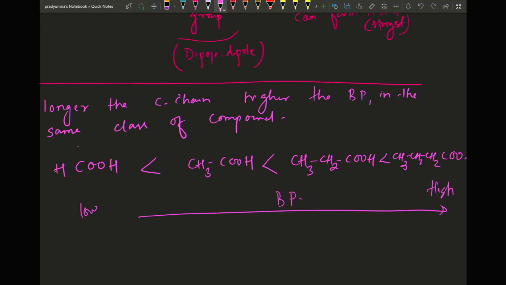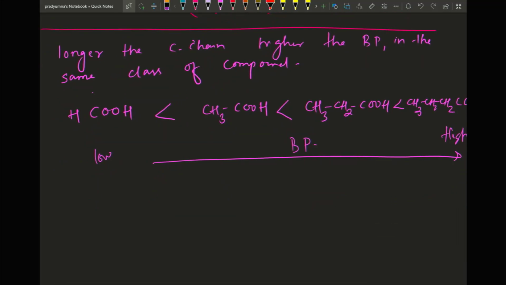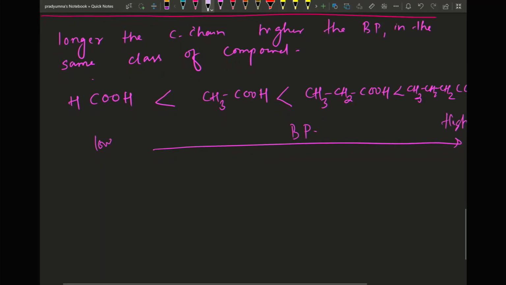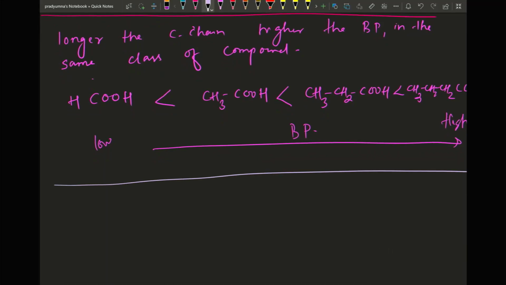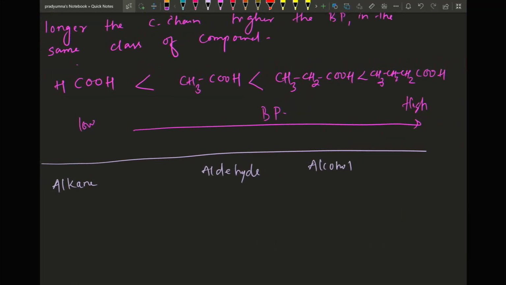All right. You can compare between two different classes of compound only if their sizes are the same, right? So we did this in the previous class where we had an alkane, and then we have an aldehyde, then we have an alcohol. In this one, we're going to add another one, that is carboxylic acid.